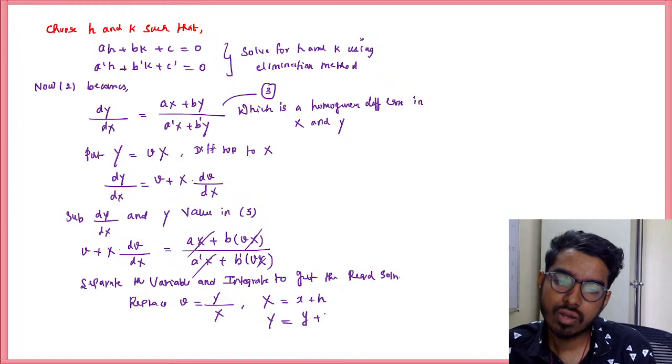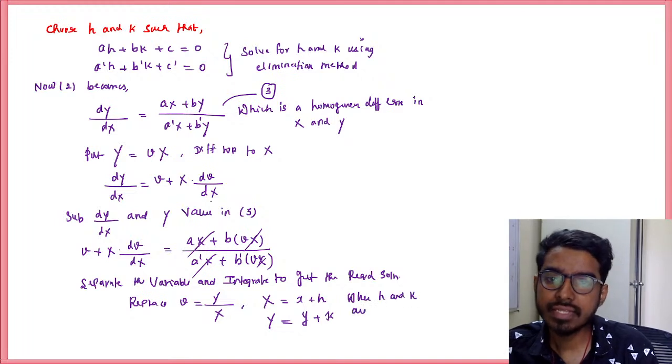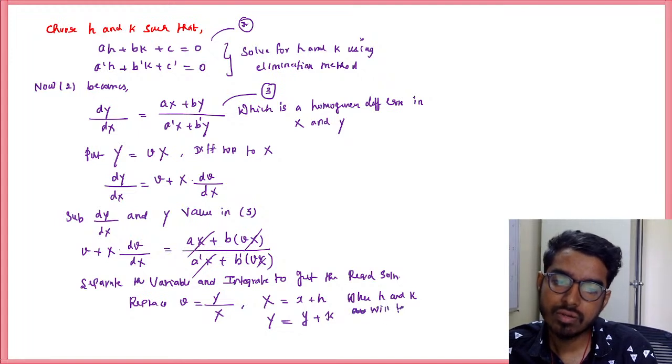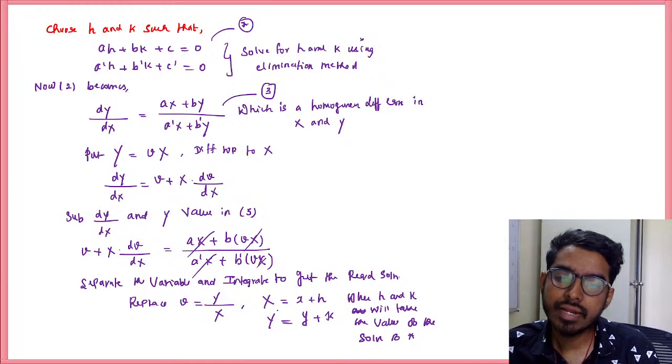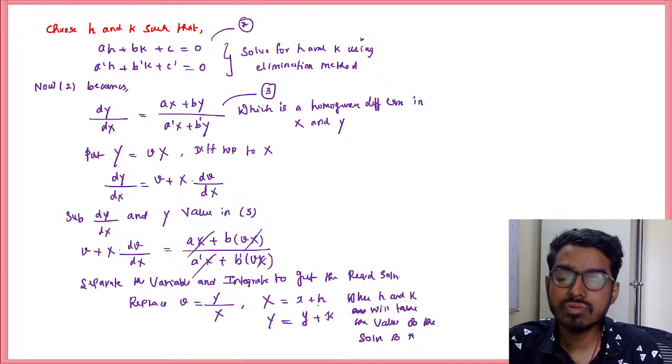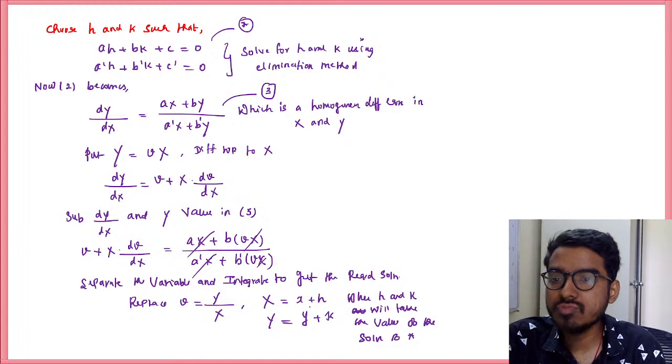And wherever you have capital Y, you replace by y plus k, where h and k will take the value of the solution of this, let us call this a star. Because when we are solving this, we can find h and k. So substitute h and k here and replace capital X to be small x plus h, capital Y to be small y plus k. That's it.